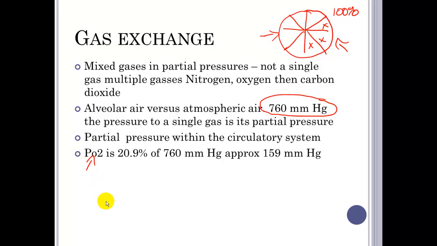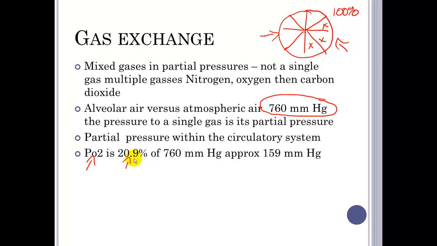A lot of people have heard, and what I'm fixing to say is absolutely correct, that the oxygen in the atmosphere is 21%. Well, actually, it's 20.9%, pretty close. If we round it up, it's 21%.